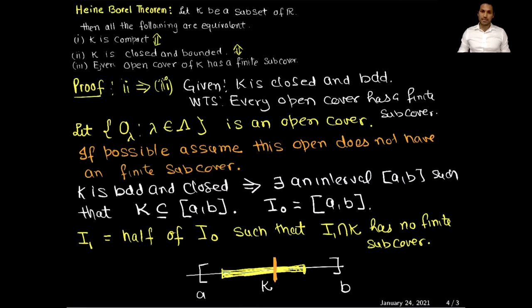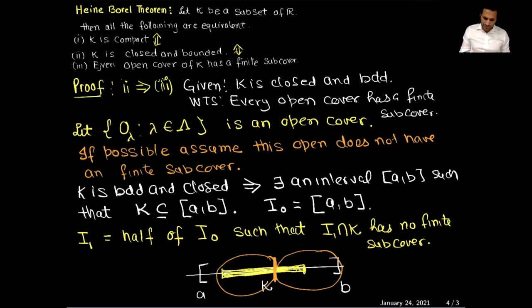So we have the set K, which is a subset of the interval a to b. If I divide the interval a b into two pieces and take the intersection with K, it will divide the K into two pieces, this and that. Now since K has no finite subcover, at least one of the pieces should not have a finite subcover.